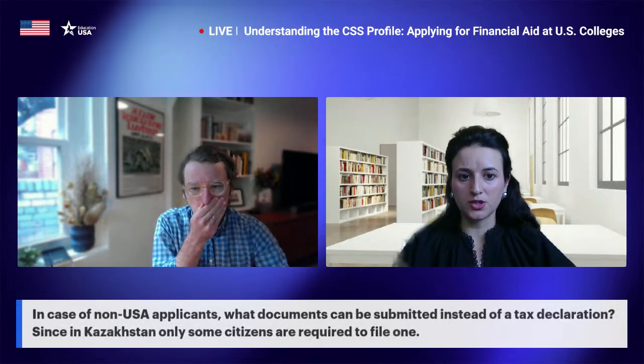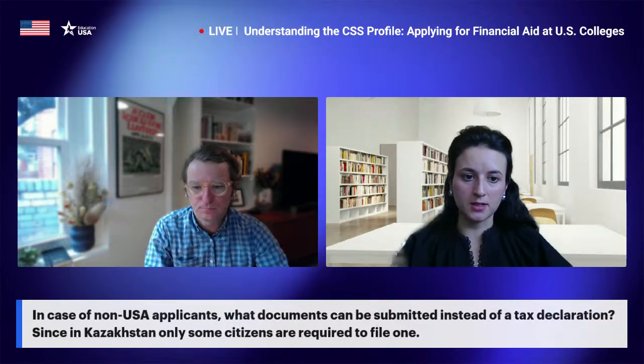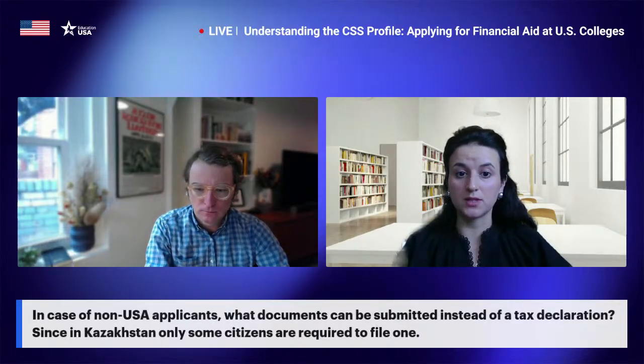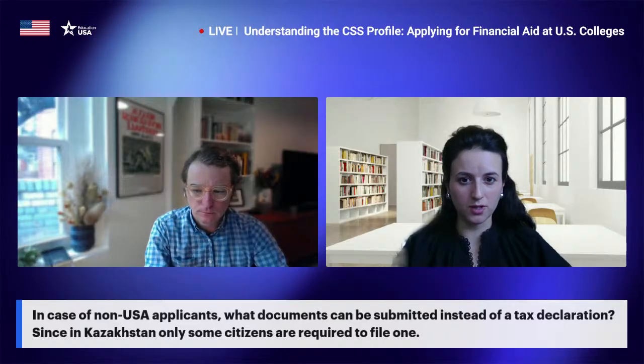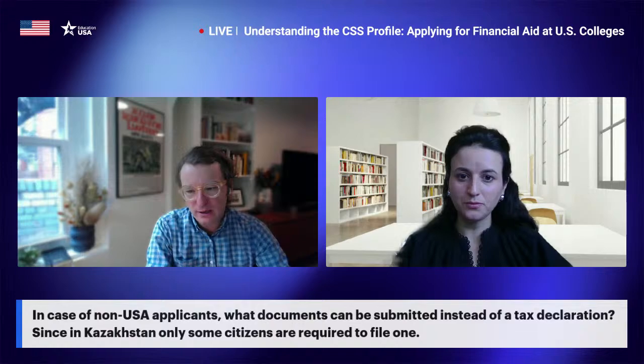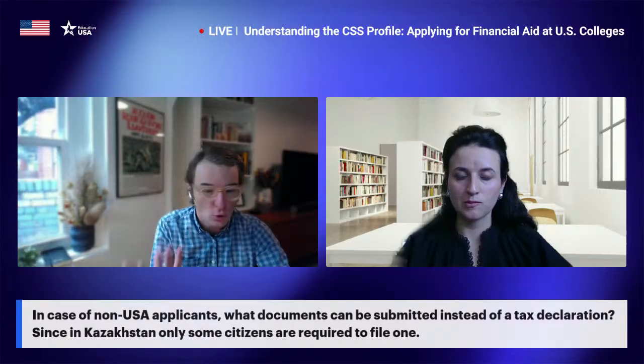Good. The next question, in the case of non-USA applicants, what documents can be submitted instead of a tax declaration? I think you've given some options already. Yeah, that really depends on what kind of tax documents your country offers.